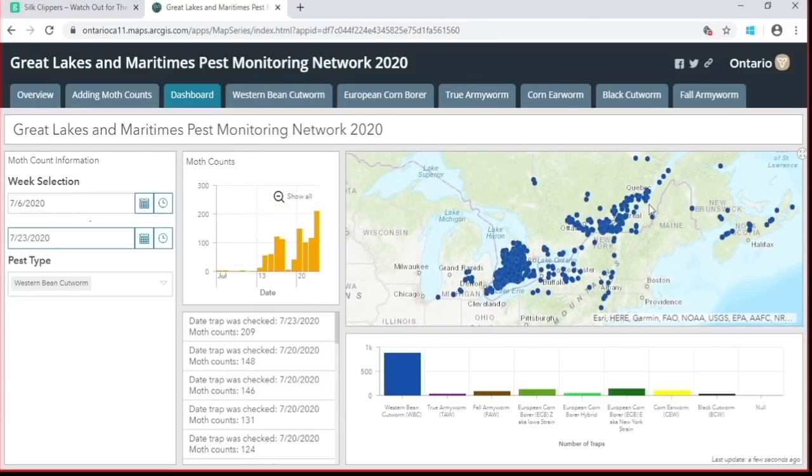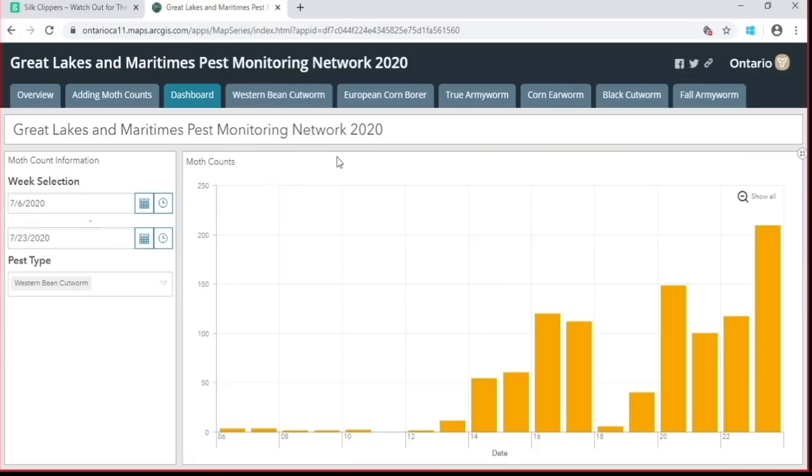You can see all of the different traps again, specifically for Western bean. 882 traps currently. But you can also click onto this graph and start to see how the numbers are starting to build up.